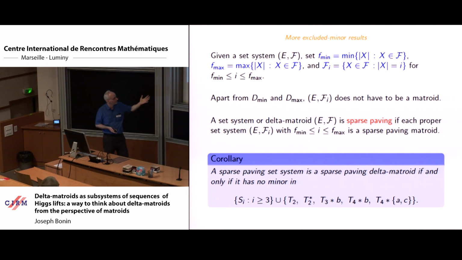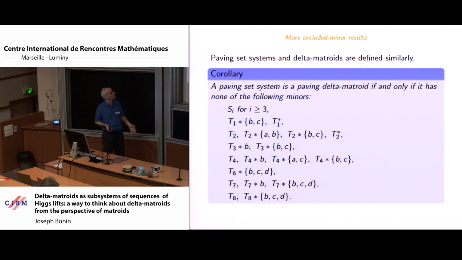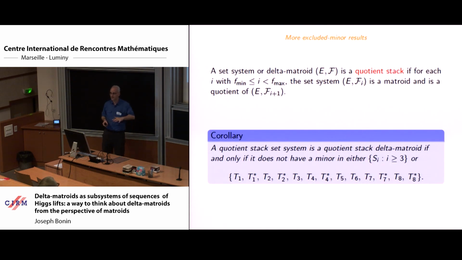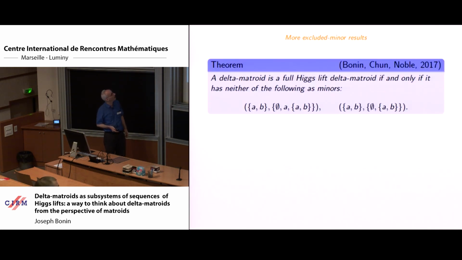So you can actually give excluded minor characterizations of these stacks of sparse paving matroids. You can do the same for paving matroids. You can do the same for stacks of quotients. Right? As you go down, each matroid you get is a quotient to what was above. So we have excluded minor characterizations of those.